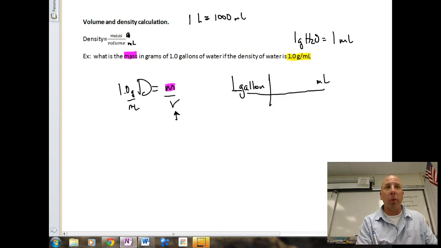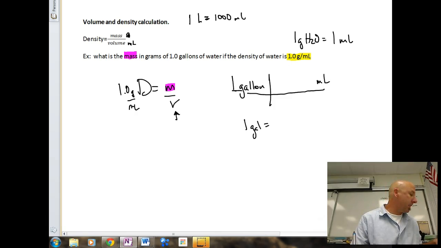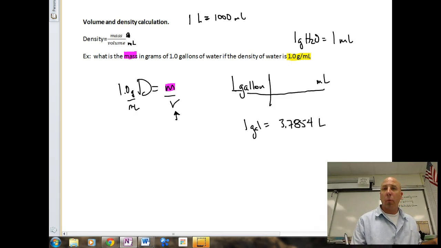So we're going to look at the back of our book and look for a conversion factor, or we can look on that conversion sheet that I gave you as well. Okay, so the conversion factor I see in the back of the book is 1 gallon is equal to 3.7854 liters, which is helpful because we can always do 1 liter is equal to 1,000 milliliters.